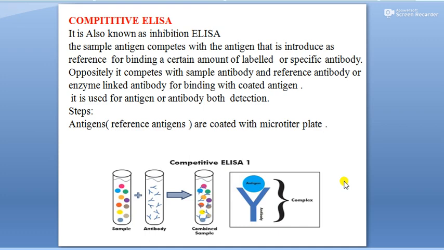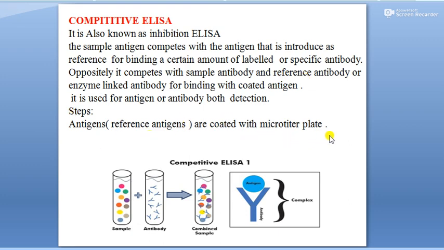First, the reference antigens are coated onto the microtiter plate. In these steps we are following antibody competition, or you can say competition between two antibodies for a specific antigen, right? Let us see what happens.